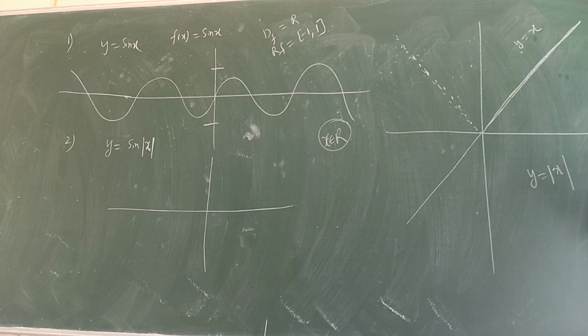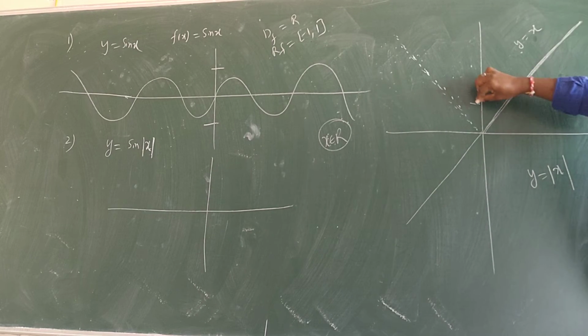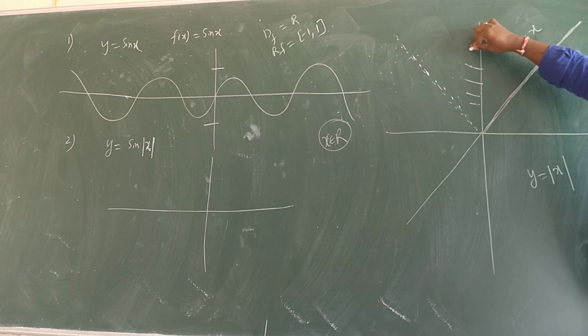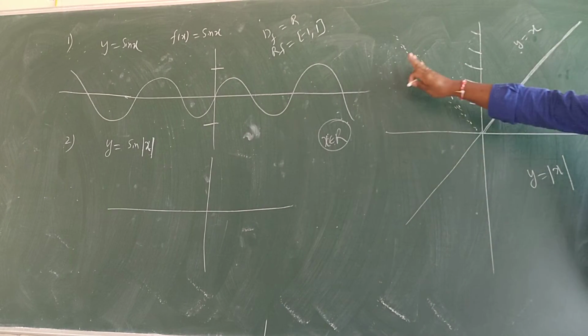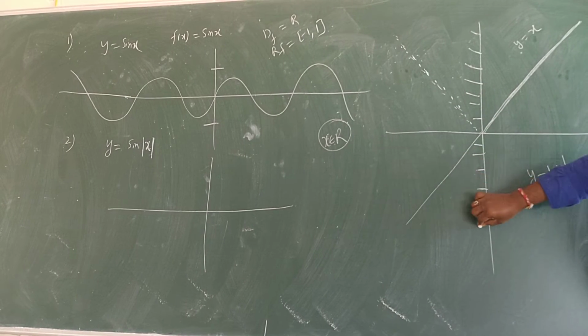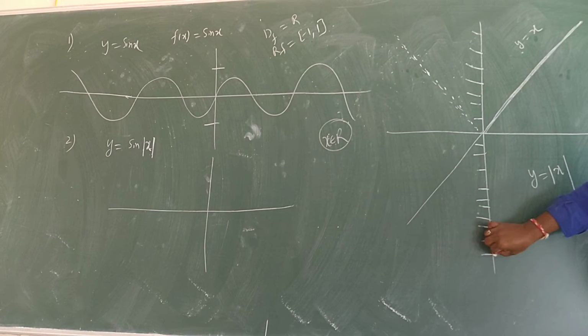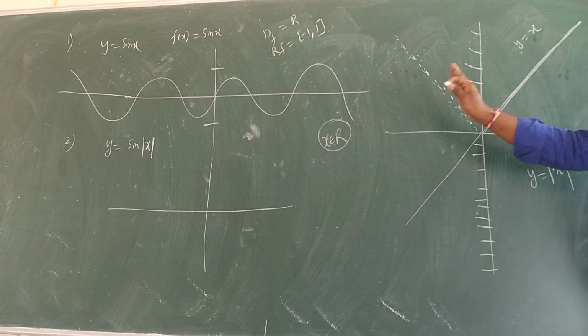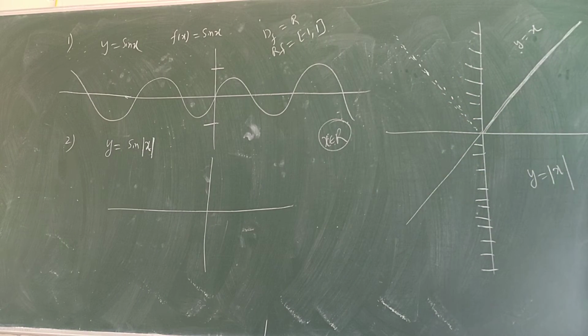What is the meaning of this? This part is the same. It is reflecting about the y axis. इसका reflection इधर आ गया. The reflection you got. Whenever you put mod on x, the reflection takes place about the y axis.